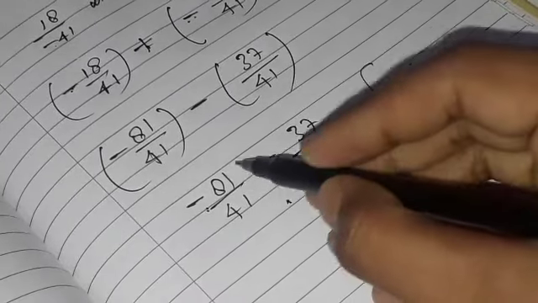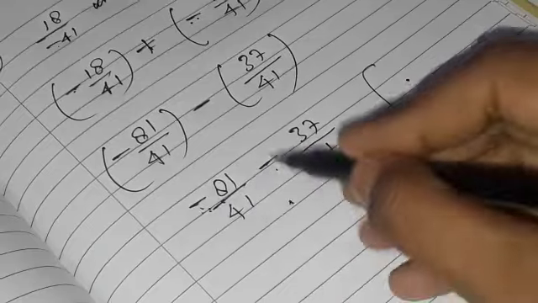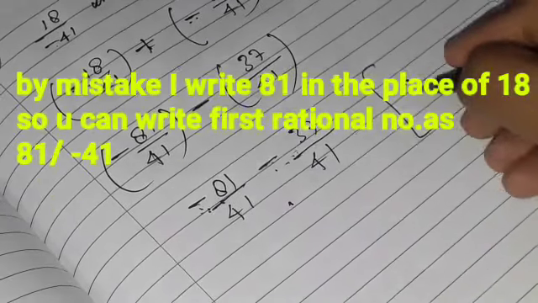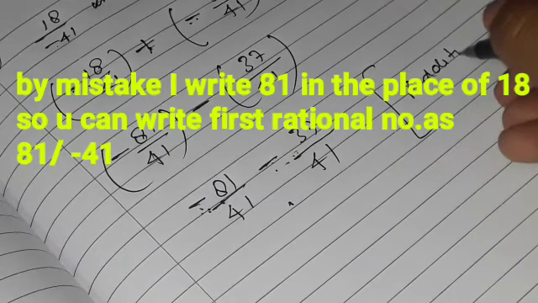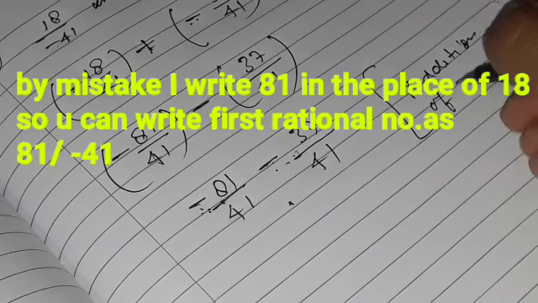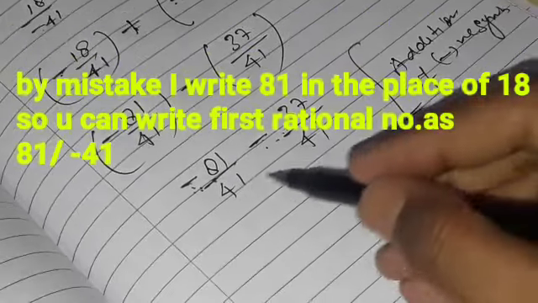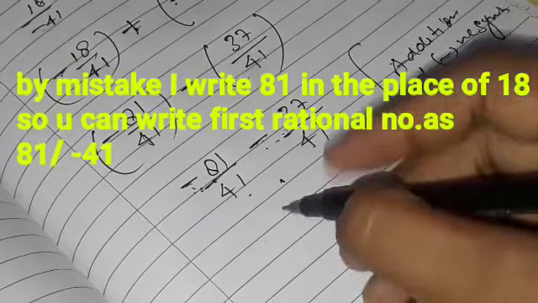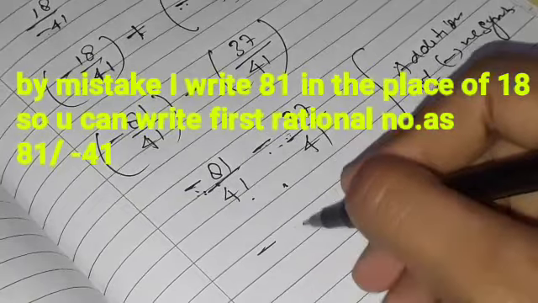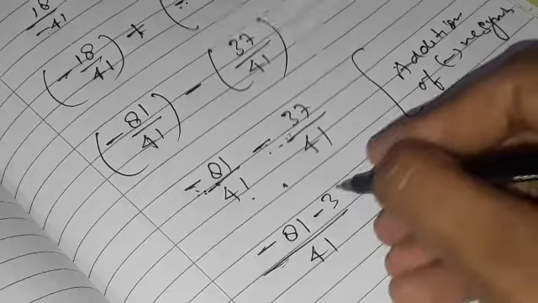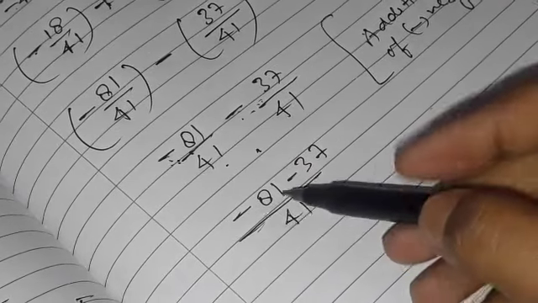And now you all know, if there are two negative symbols, then you add them. You all know the addition of negative symbols. We already discussed these things in our previous videos. So 41 is your common denominator, minus 18 minus 37. How to solve this?